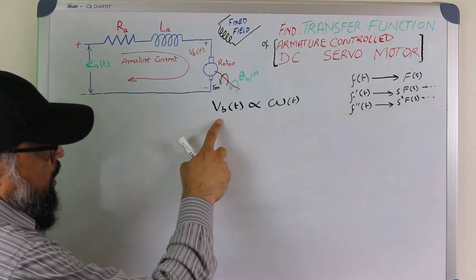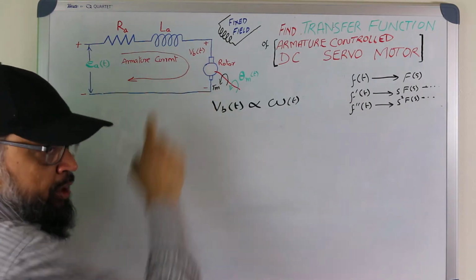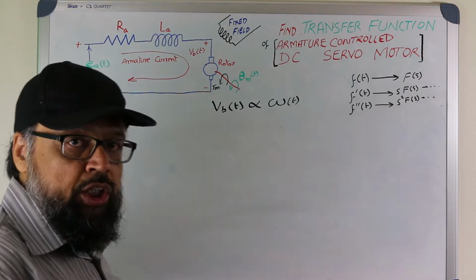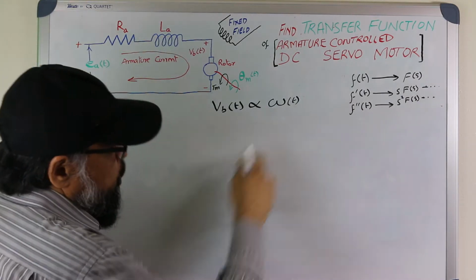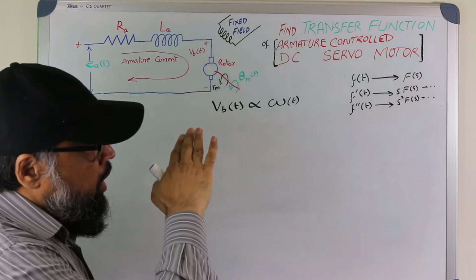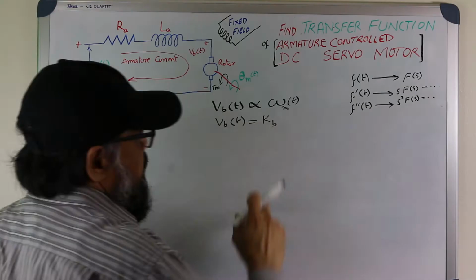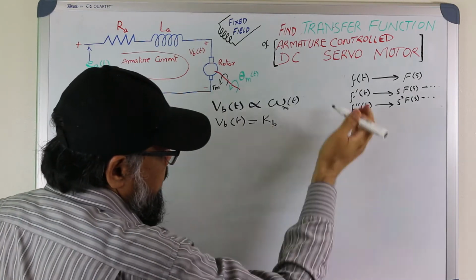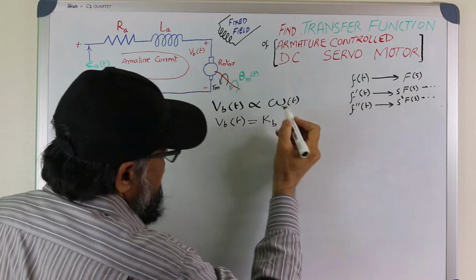Now this back EMF voltage, which is generated across the terminal of the rotor, is proportional to omega(t). What is omega(t)? It's the speed of the motor. Since we are interested in position, instead of omega m(t), we can write d theta m(t) by dt.